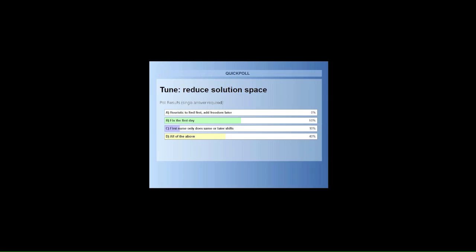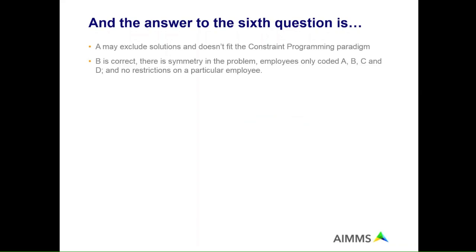How many people have voted for B? It's 50%. C 10%, and D, all of the above, 40%. Well, B is the correct answer. A doesn't fit the constraint programming paradigm. It is actually reducing the number of possibilities to be searched.